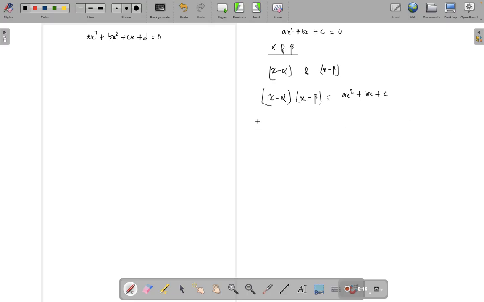Is this clear? Yes. So then you get x square minus alpha x. This was an algebraic identity.